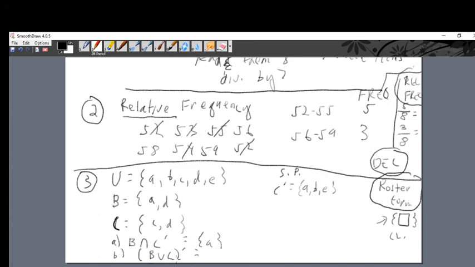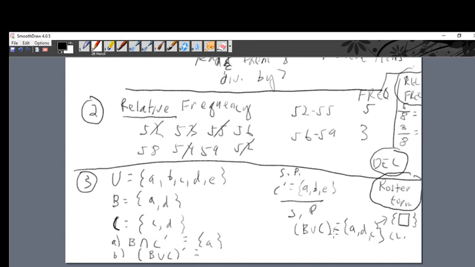What about B union C and then prime? On scrap paper, first let's figure out what B union C is. Forget about the prime for now. Prime will be everything in the universal set but not that. B union C means we'll take you if you're in B or if you're in C. Either way, it's good. There's no repetition; if you're in there twice, we don't take you twice. So A is in this set, so is D, so is C, but don't count D twice.